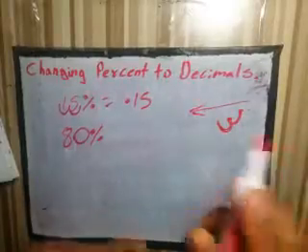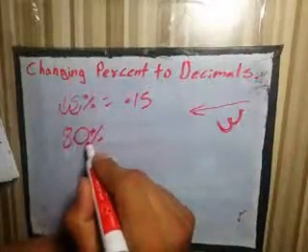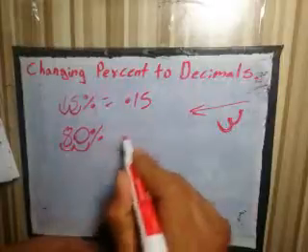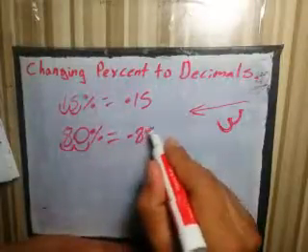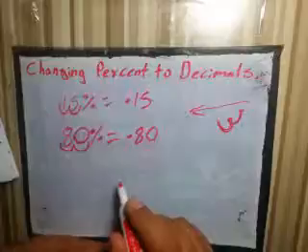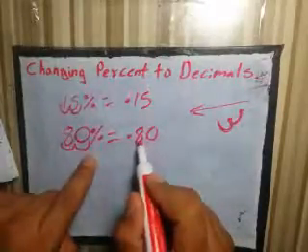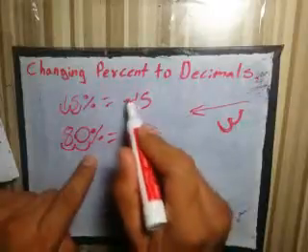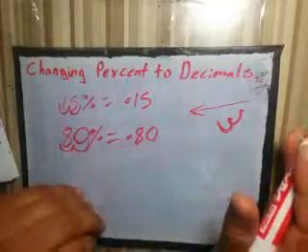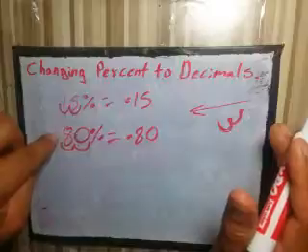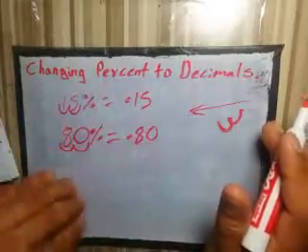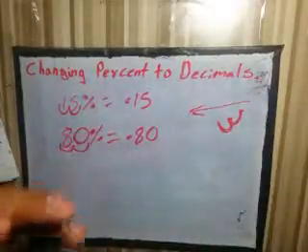On 80 it will be 1, 2, which is 0.80. That means 80% turning to decimal will be 0.80. Is that so simple? Percent to decimals, move two places to the left. Okay, let's do another one.